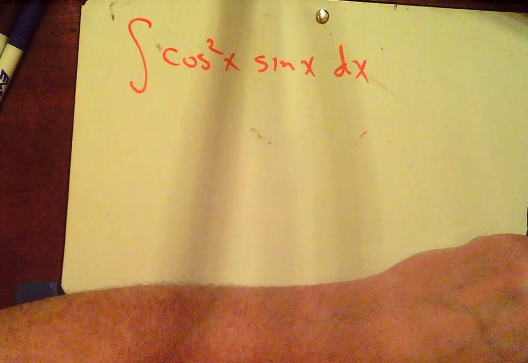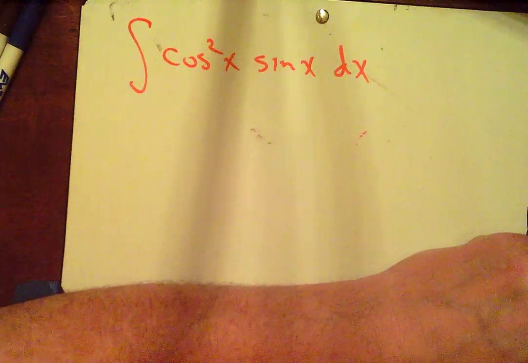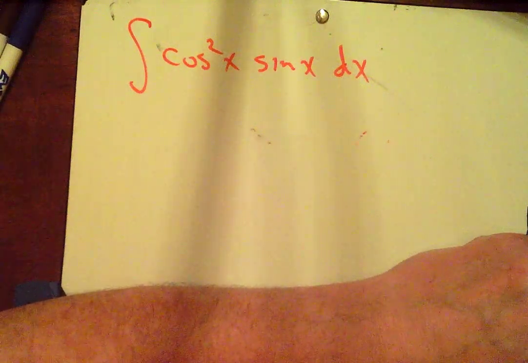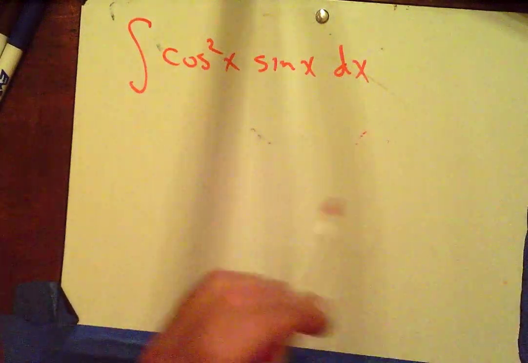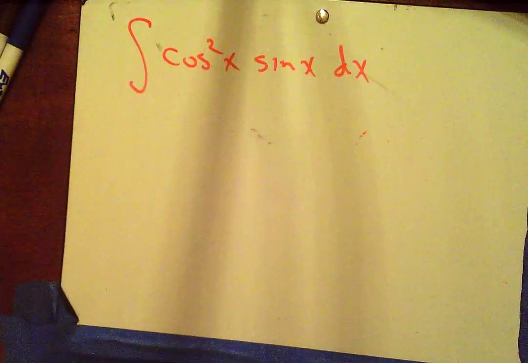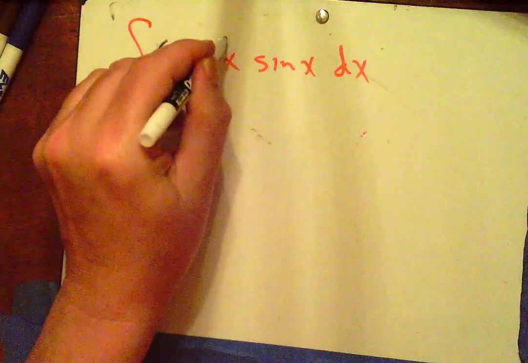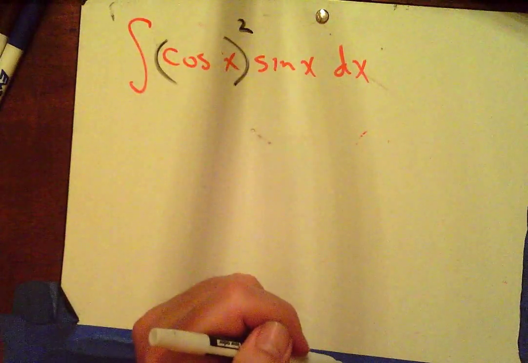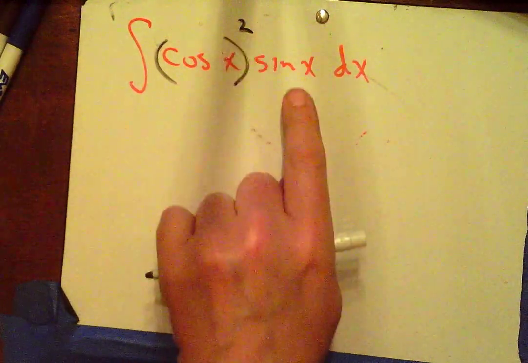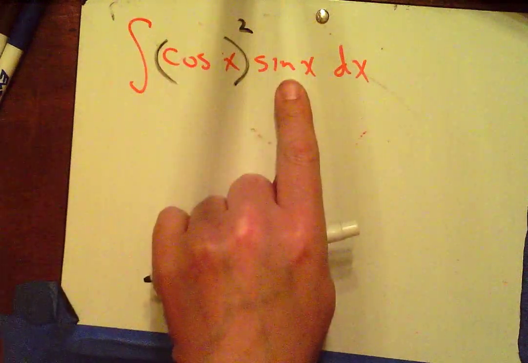Well, I actually think it's a u sub because I see a function inside of another function, and I see the derivative of that inner function, or at least part of that derivative. It may help for you to rewrite this slightly. That's the same thing. Inside the squaring, outside. I see a function and most of its derivative.